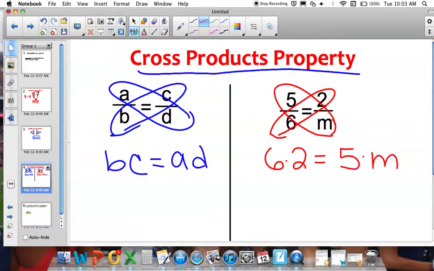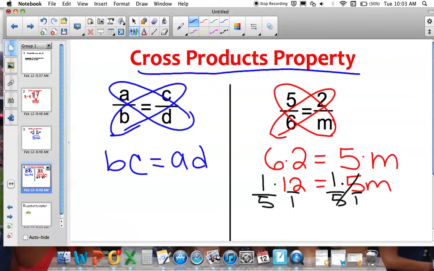You have already studied one-step equations, so you know how to solve for m. Now let's simplify. 6 times 2 is 12, and that should equal 5 times m, which is 5m. This is a one-step equation. 5 is your coefficient, so you multiply by the reciprocal. I'm going to do the one step in black. Now our new coefficient is 1, and I multiply it to the other side as well.